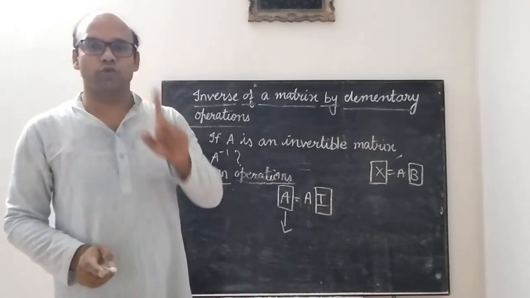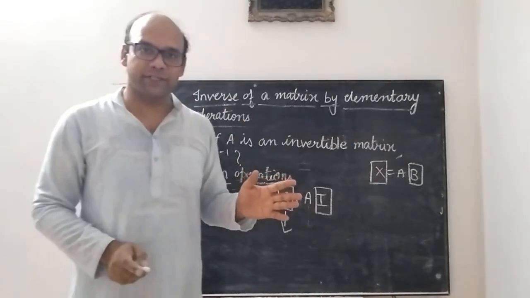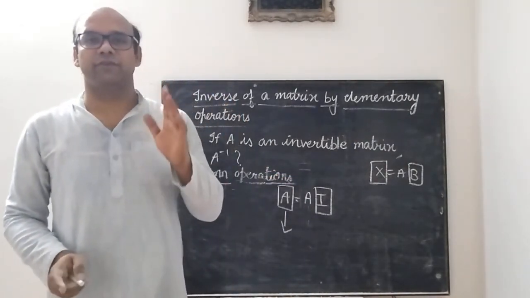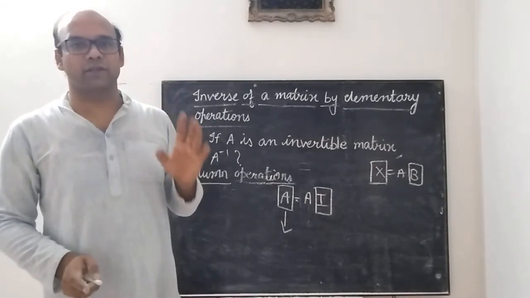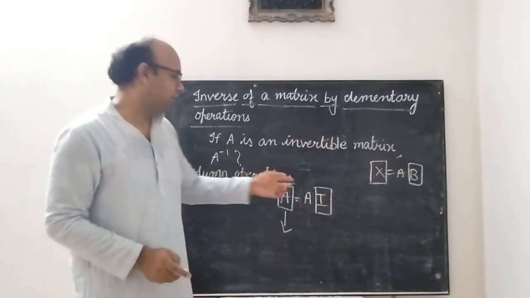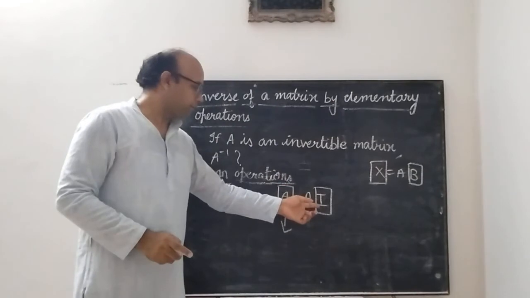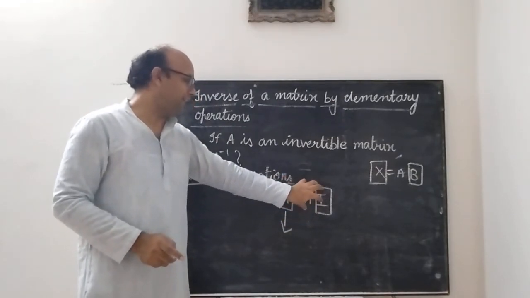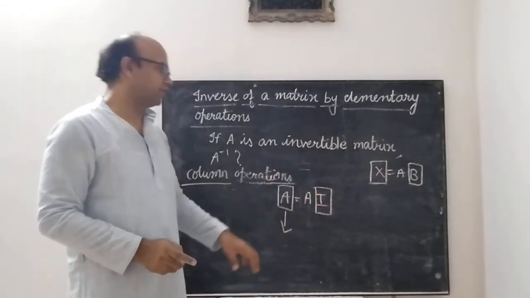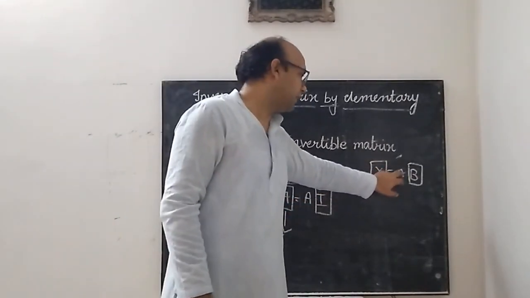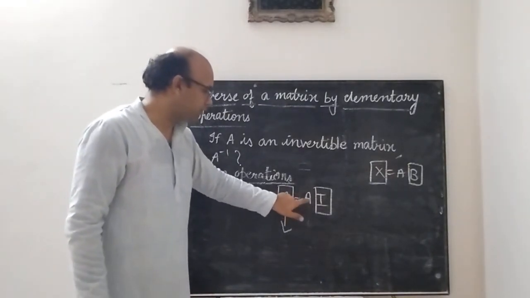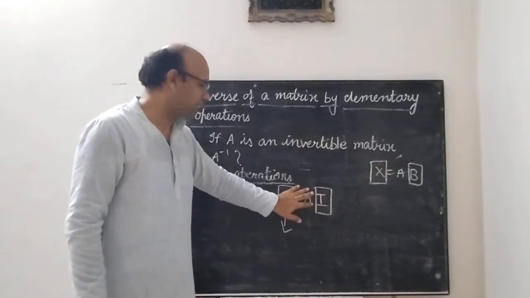Just choose one of them and continue with it, because the operations have to be applied on a specific matrix when we are dealing with the product of two matrices, row operations on A and column operations on B. We keep this matrix intact.